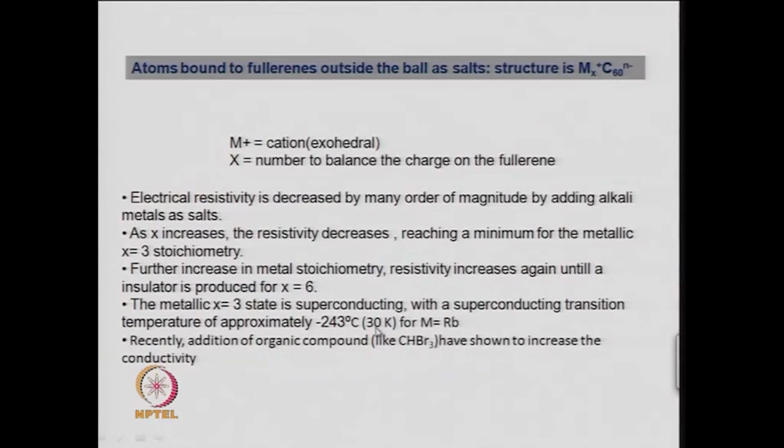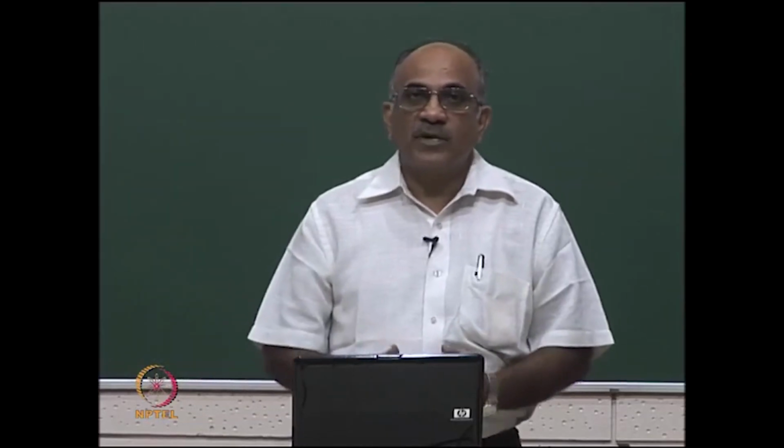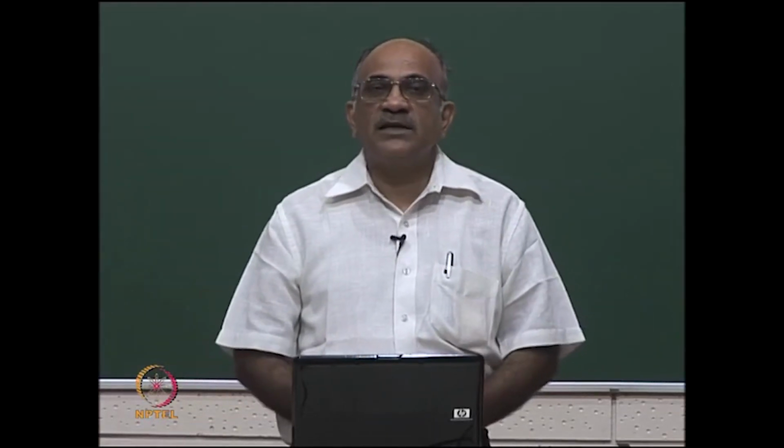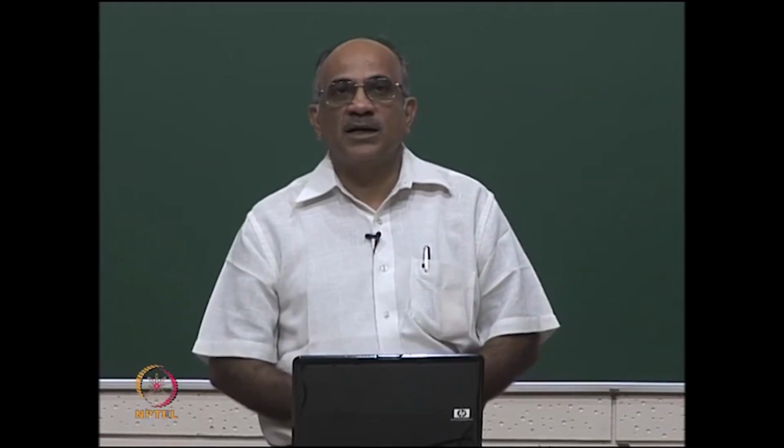For the metal being rubidium, which is an alkali metal down the group, this compound Rb3C60 becomes a superconductor at a low temperature of 30 Kelvin, which is minus 243 degrees centigrade, and has superconducting properties, which means zero resistance, perfect diamagnetism, and will show levitation and other properties that any superconductor shows.